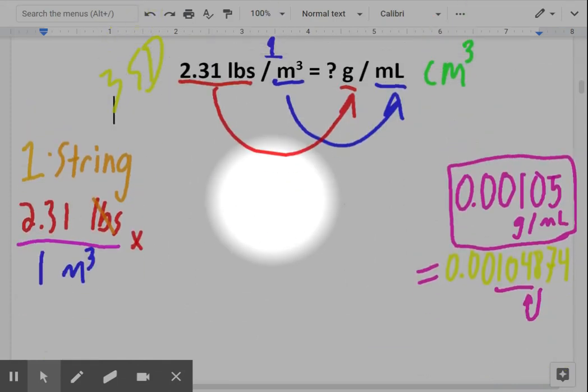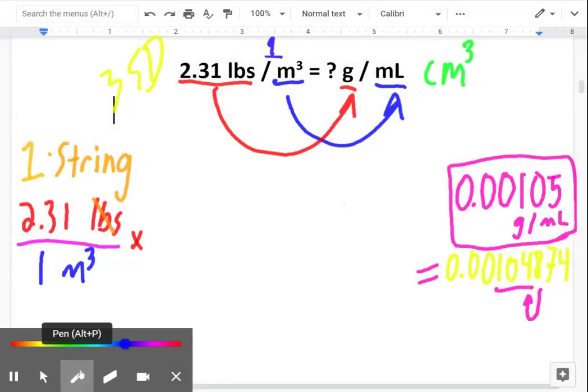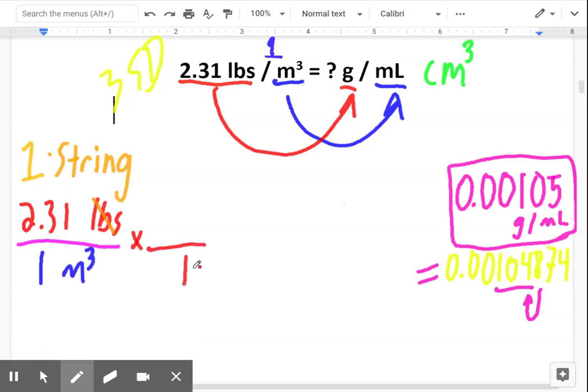So I now have that set up. I'm going to start by taking care of the pounds, just like last time. I'm going to bring the pounds down and change it to grams, dragging it down like I've done before. 1 pound is still equal to 454 grams.